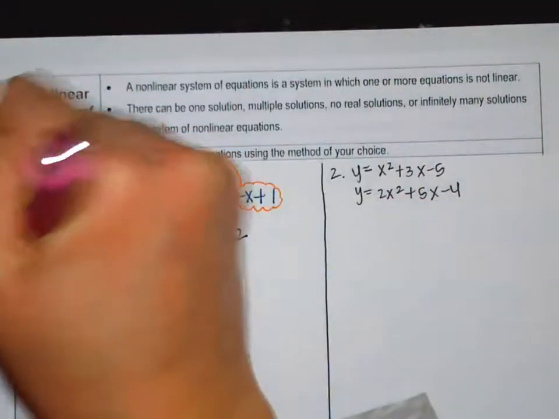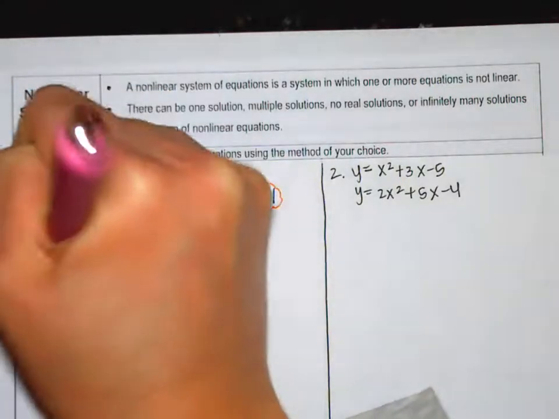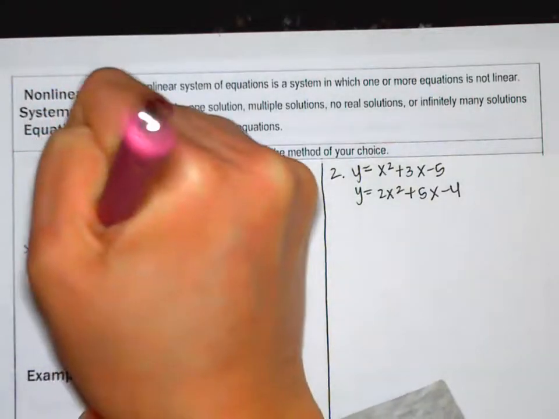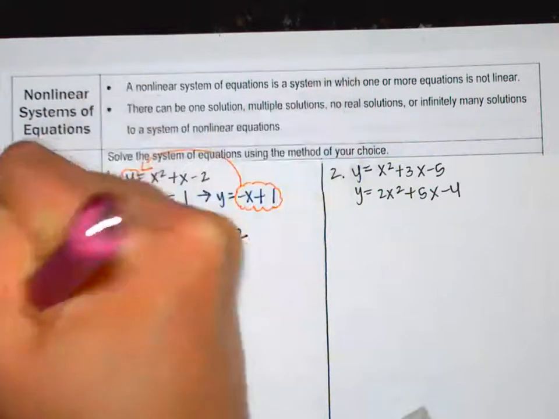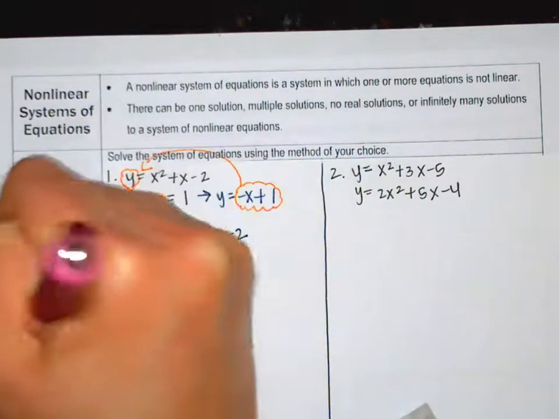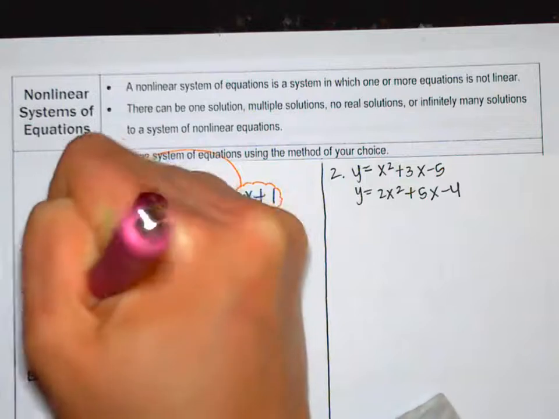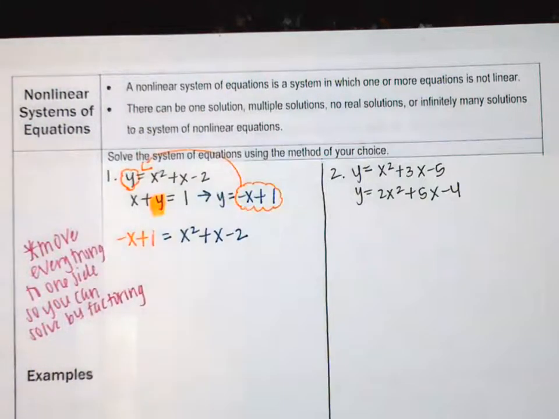So we want to move everything to one side so you can solve by factoring or the quadratic formula, but let's just try factoring first, which it's going to work.